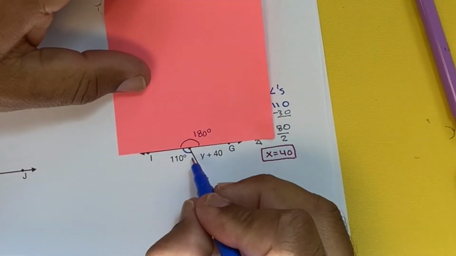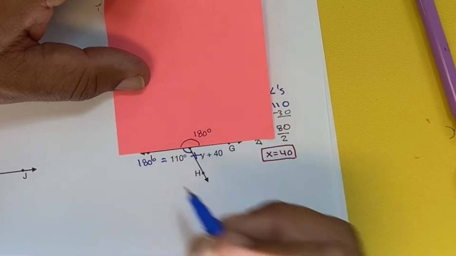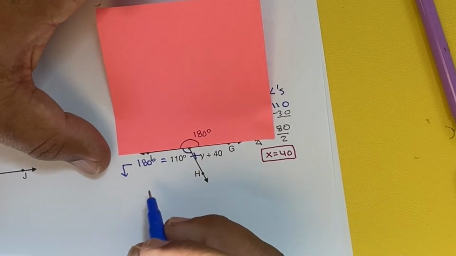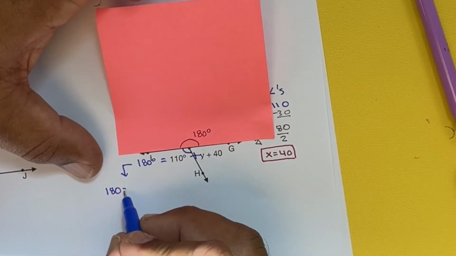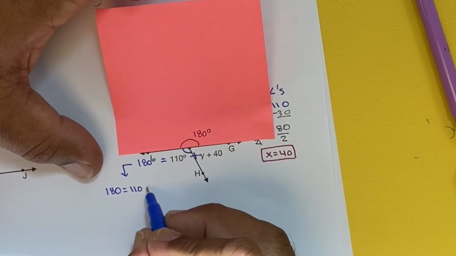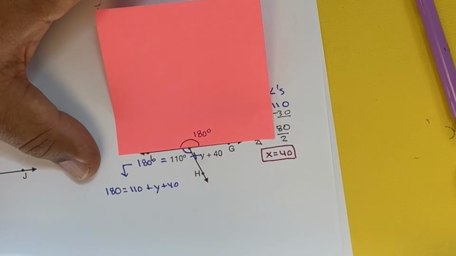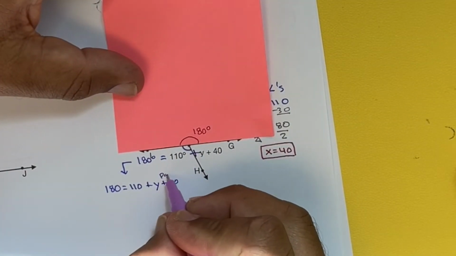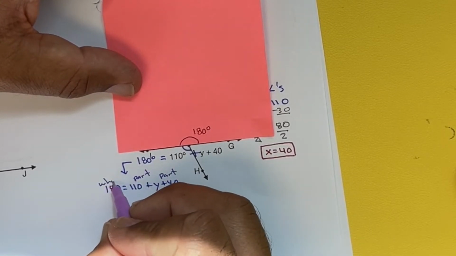I'll write it a little bit nicer and neater: 180 equals 110 plus y plus 40. So this was a part, this was a part, and the whole thing equals 180.